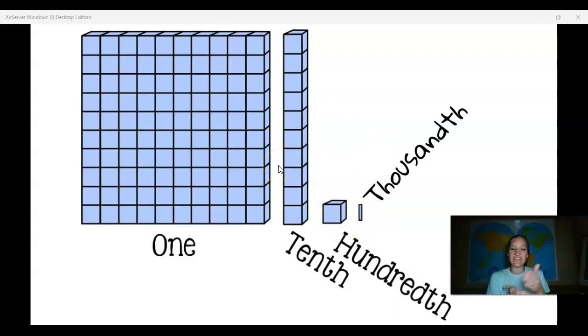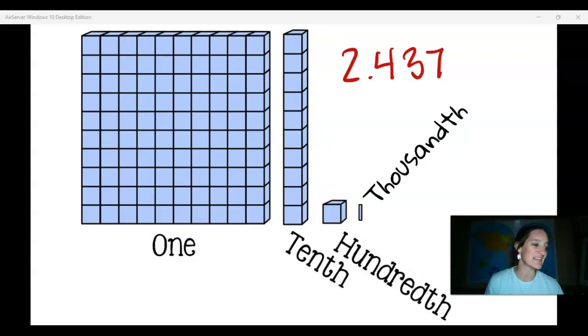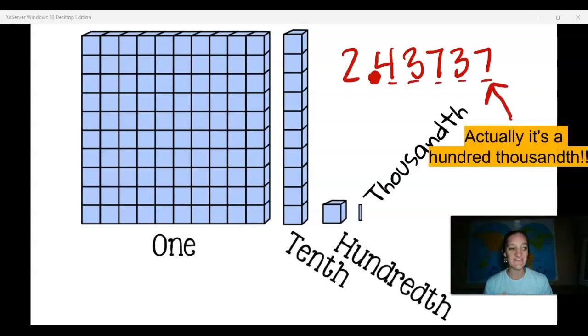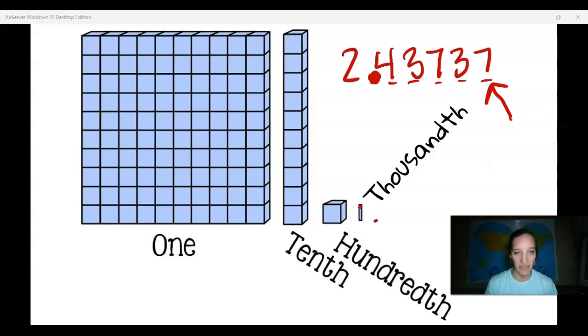So what you're noticing is, as the numbers get increasingly longer behind the decimal, they also get increasingly smaller. This number right here is even a 10,000th. It takes 10 of those to make a thousandth. So super, uber, little small.